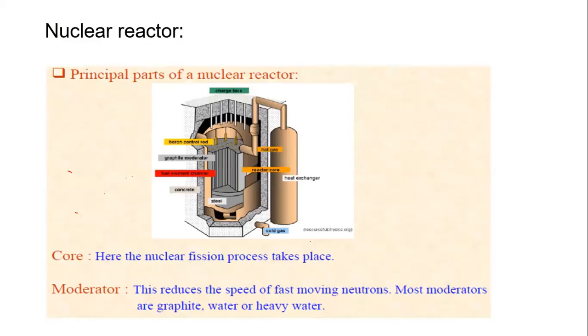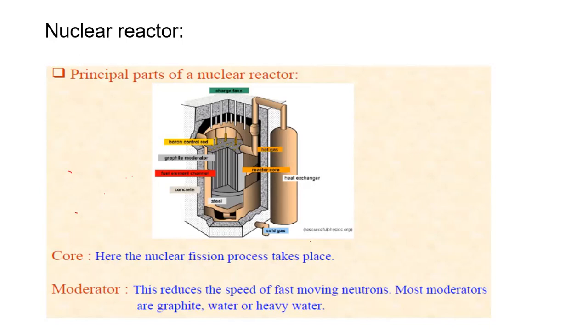Through each and every chain reaction, we produce an enormous amount of heat energy. Using that heat energy, water is converted into steam. The steam rotates the turbine blades and produces mechanical energy.